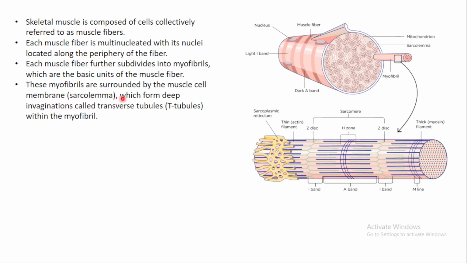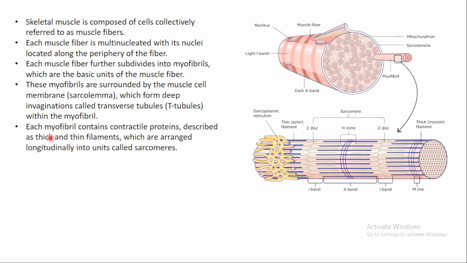These myofibrils are surrounded by the muscle cell membrane, sarcolemma, which forms deep invaginations called transverse tubules within the myofibril. The plasma membrane of the muscle cell or muscle fiber is called sarcolemma, and each myofibril contains contractile proteins described as thick and thin filaments, which are arranged longitudinally into units called sarcomeres.